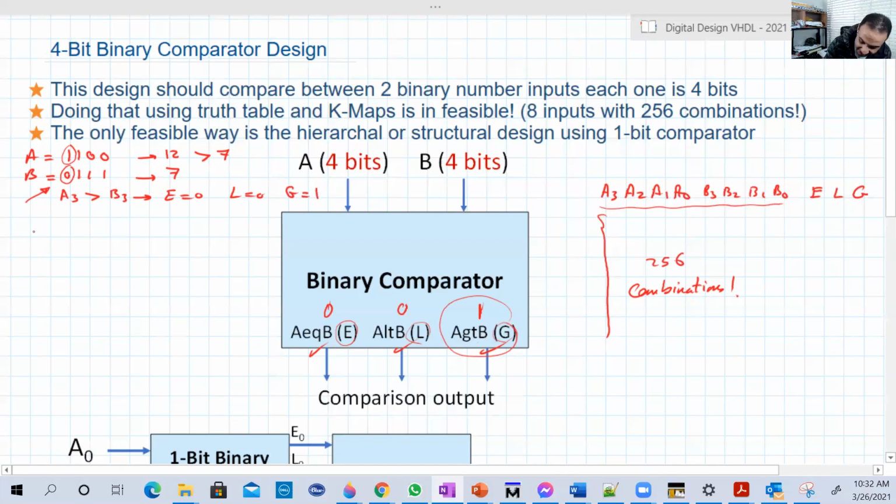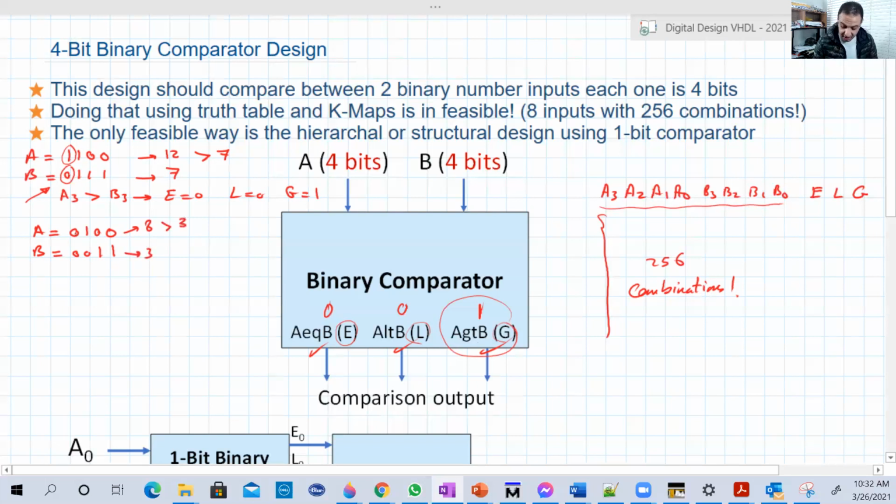Let's take, for example, A equal to 0100 and B equal to 0011. Here we have another interesting example. This is 4 and this is 3, and of course 4 is greater than 3.